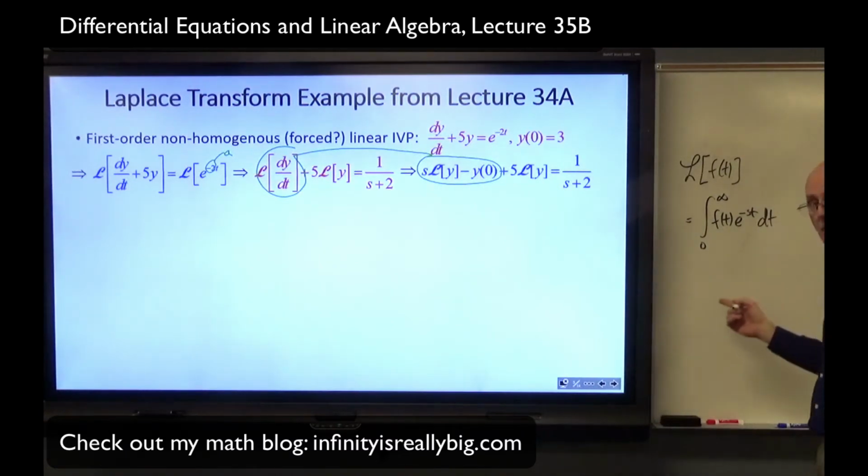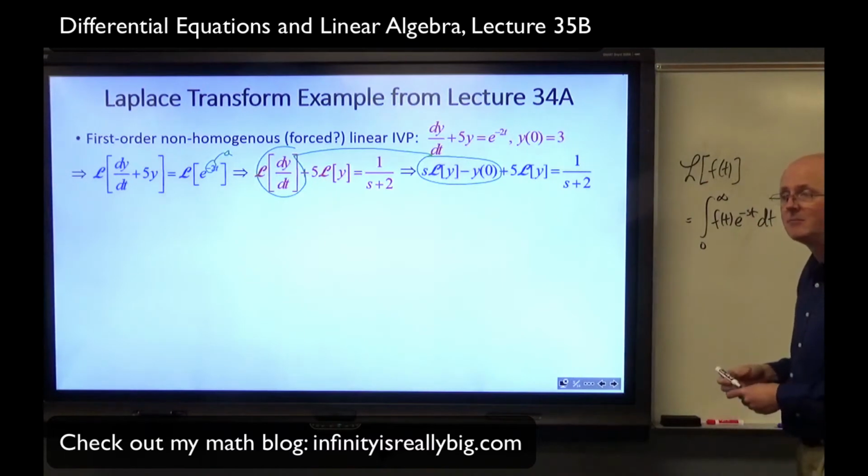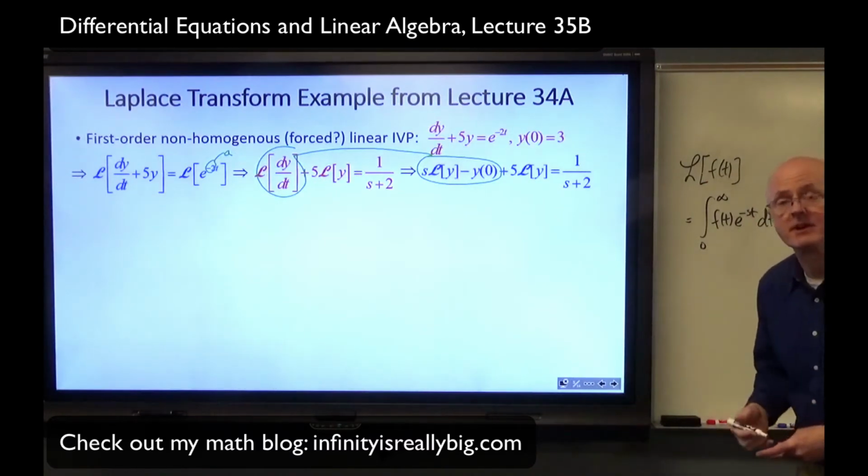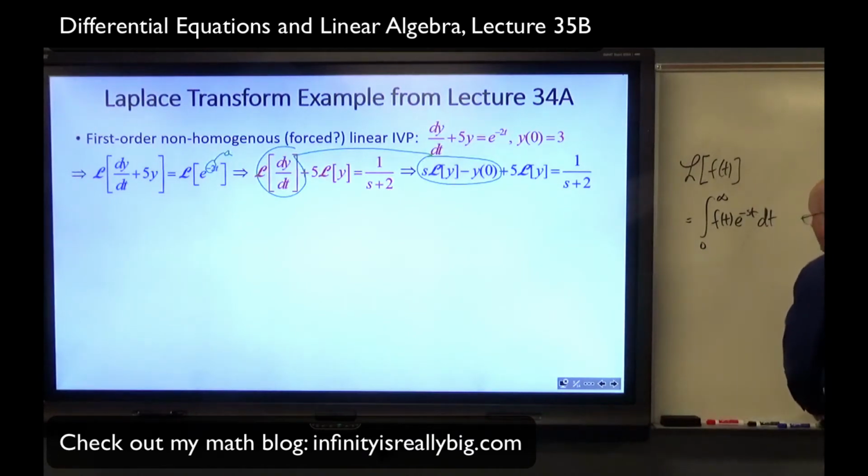But when this integral converges, the answer has to depend on s, because there's an s in there that I'm treating like a constant when I do the integral. But the final answer depends on s, so you can think of it as a function of s. Why s? Well, it's just the letter that people picked.